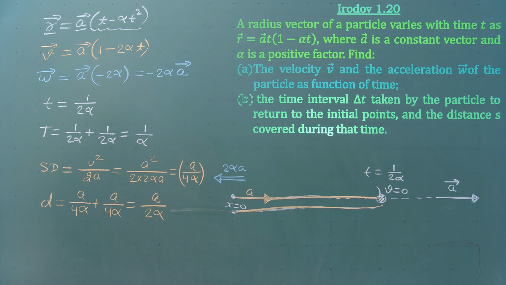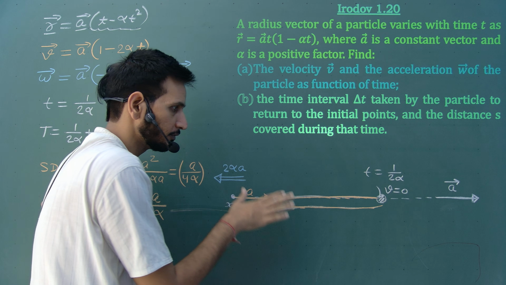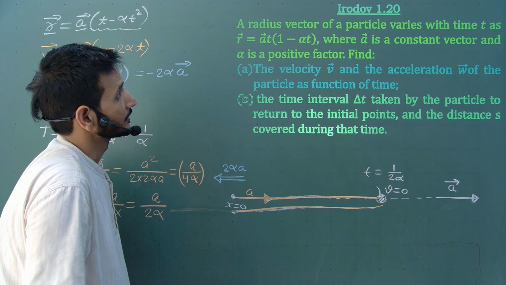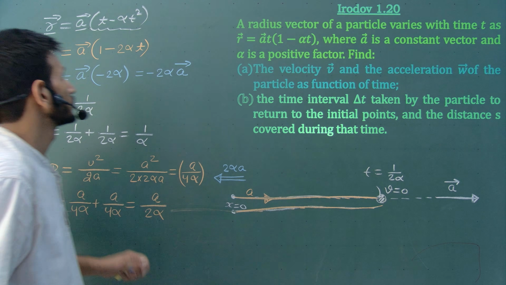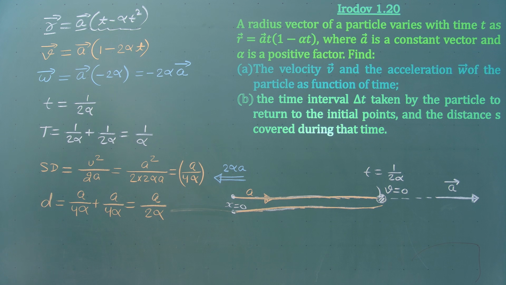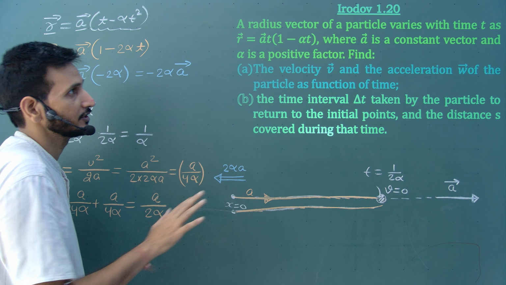So we have calculated these two parts. So this is the solution. Now the question is very simple. This is a question of stopping distance, but the language is so vast. It is given in vector form, so it looks like a very complicated question, but it is a regular question which is given in any sheet of any coaching.